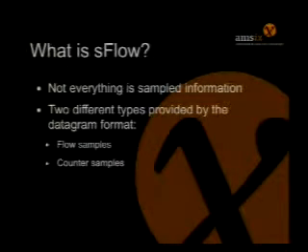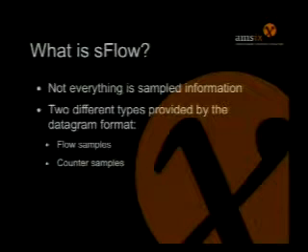Important to know about the standard is that not everything is sampled information. The standard defines two different kinds of information we can put into the datagrams. One of them is flow samples, which is what everybody thinks about when talking about sFlow. The other is counter samples.